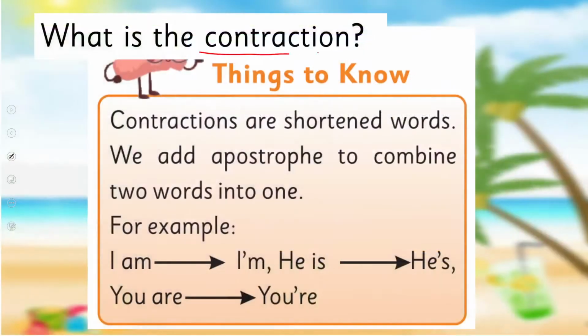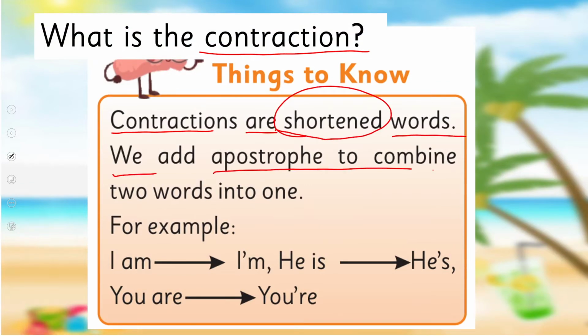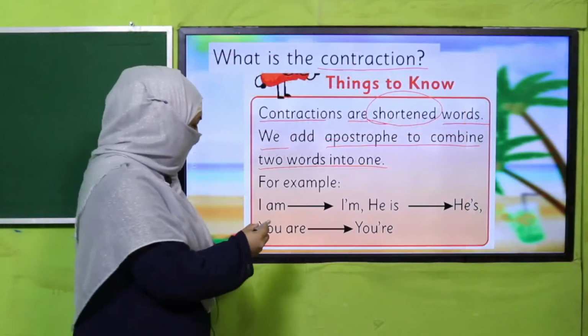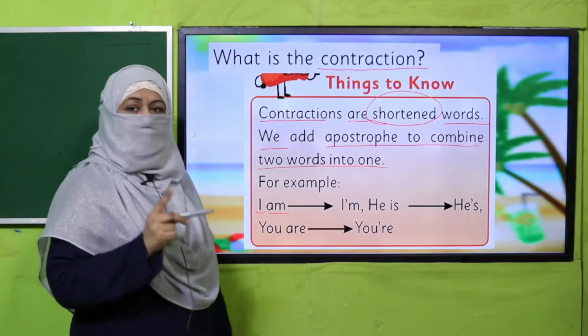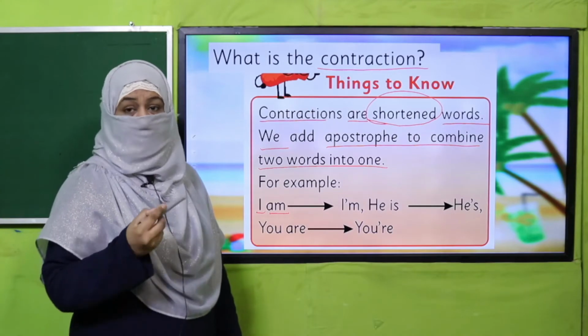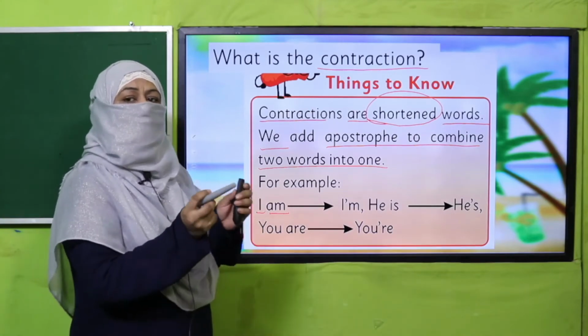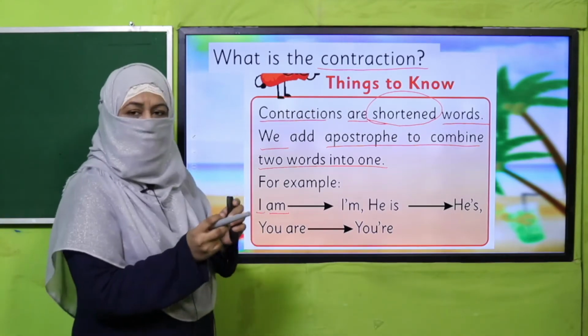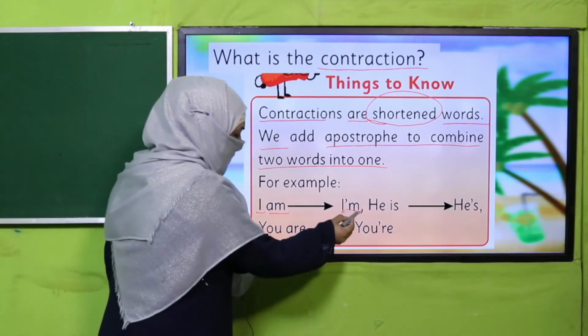And what is contraction? Contractions are shortened words. We add apostrophe to combine two words to make one. So what happens basically? Better look at this. I am. This is how we write I am, and this is how we say I am. But we contract it. We make it a short form, and we write it in this way.